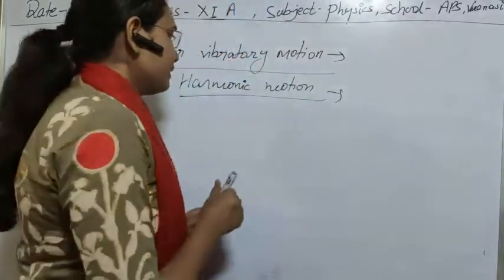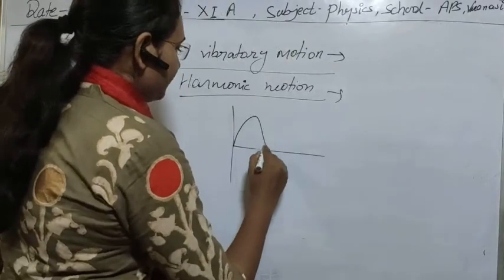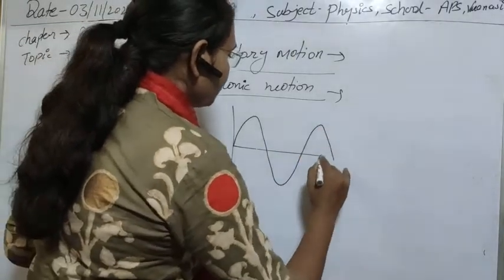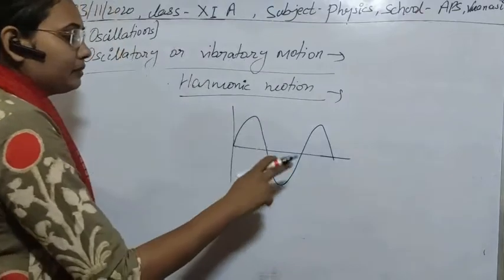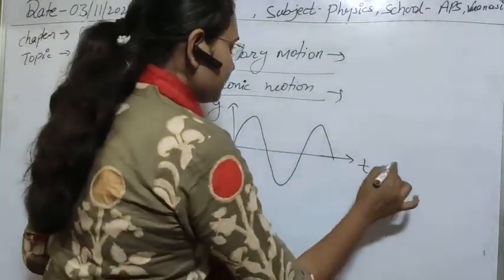It is very simple. Suppose we are talking about the sine wave. This is the waveform of a sine wave, where this axis is displacement and this is time.